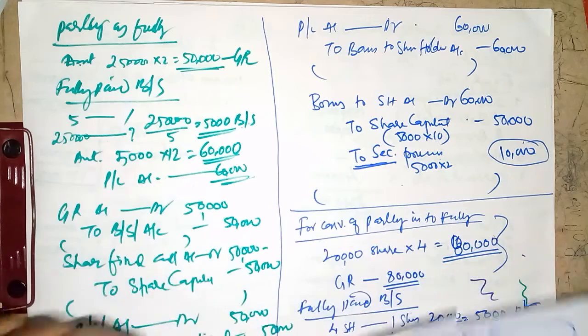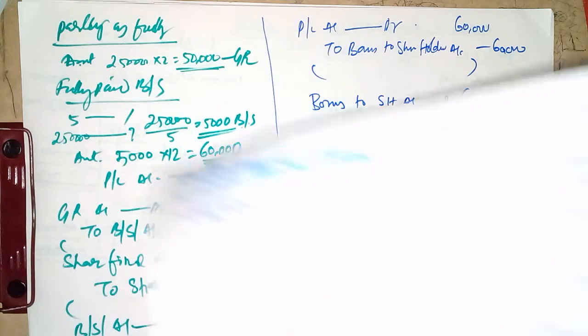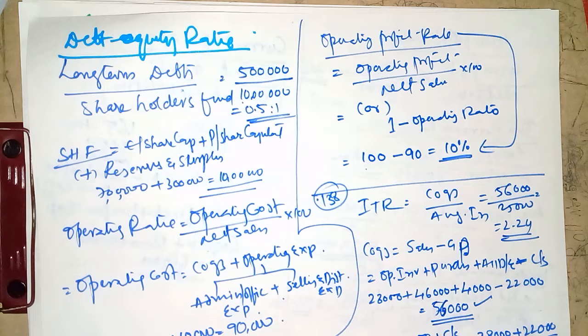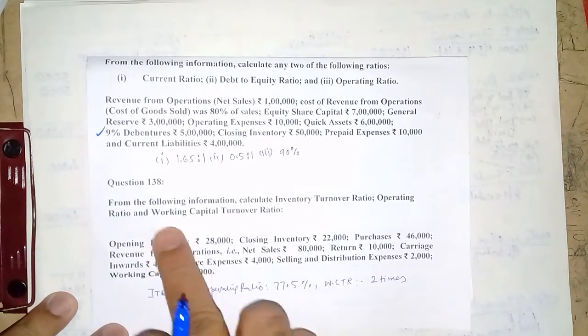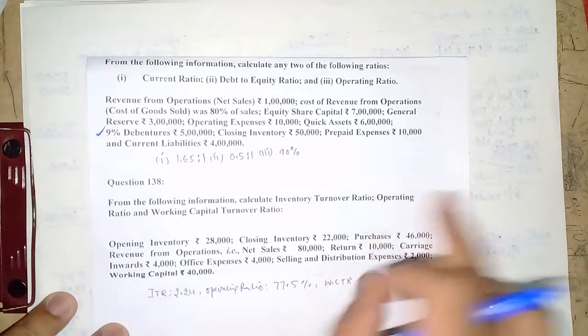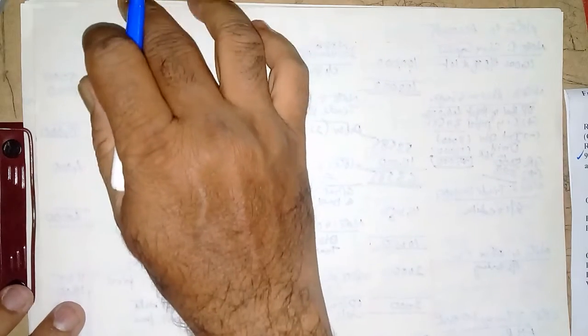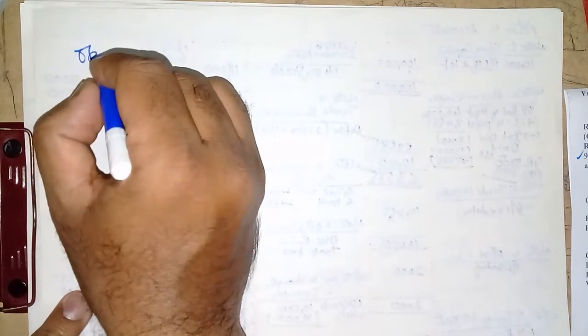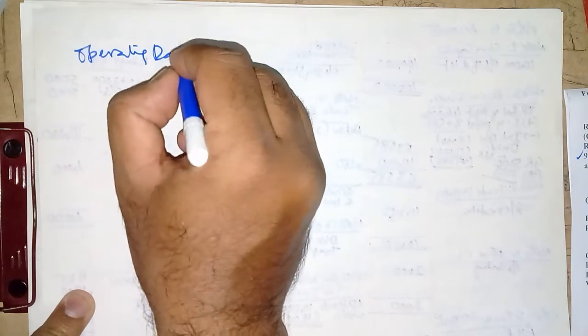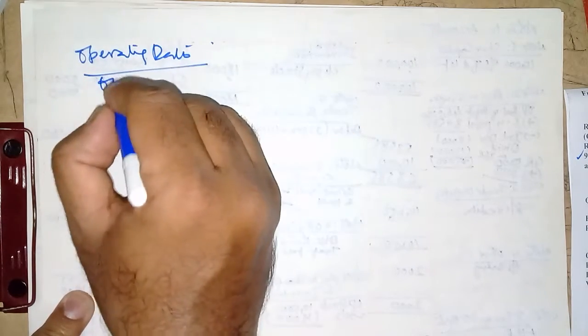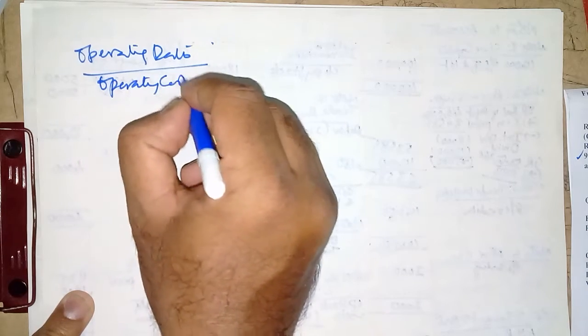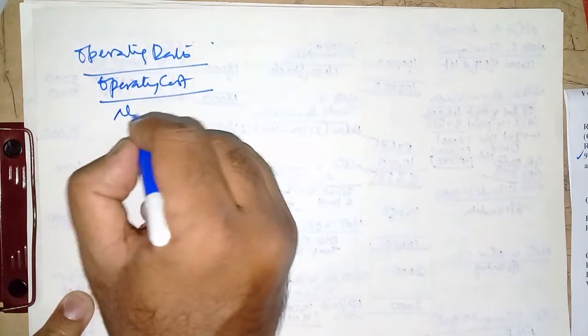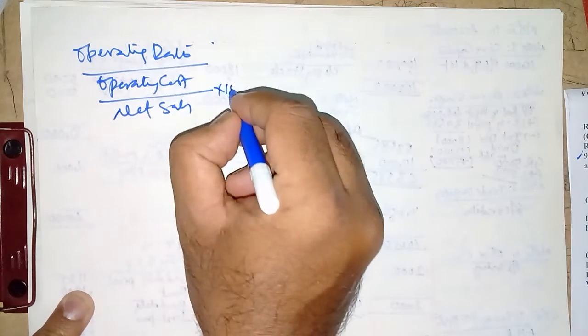In the same way, we'll calculate the other ratios here. So we are done with the inventory turnover. Then the operating ratio. You are already aware, operating ratio is equal to operating cost divided by net sales into 100.